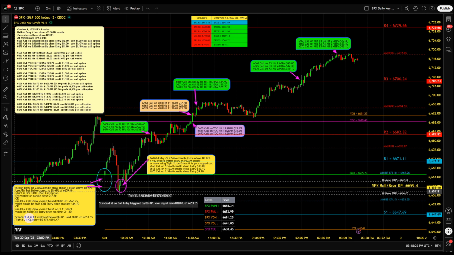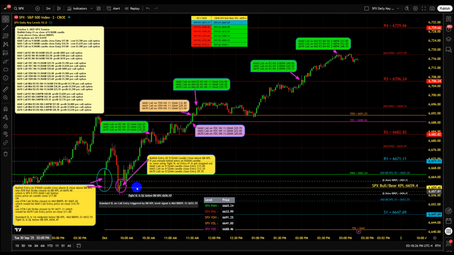Okay, so the stop loss, you have two different options. So first you have the level that the entry is triggered from, which in this case is bull bear KPL. Your two different options are you can either use the standard stop loss. The standard stop loss is the first midpoint level below the entry level that the signal was triggered from.